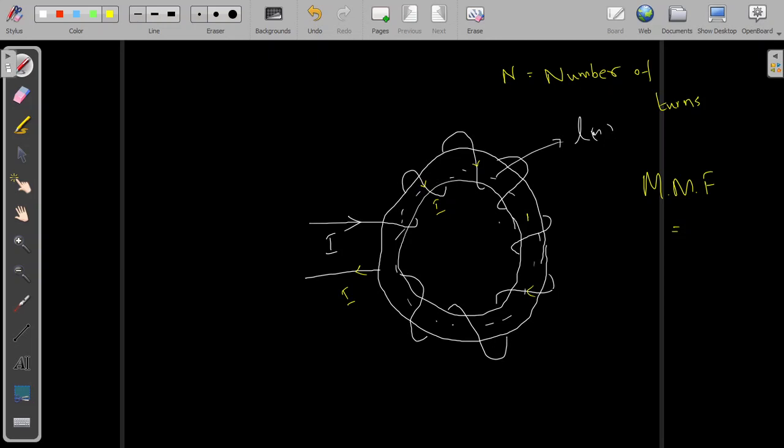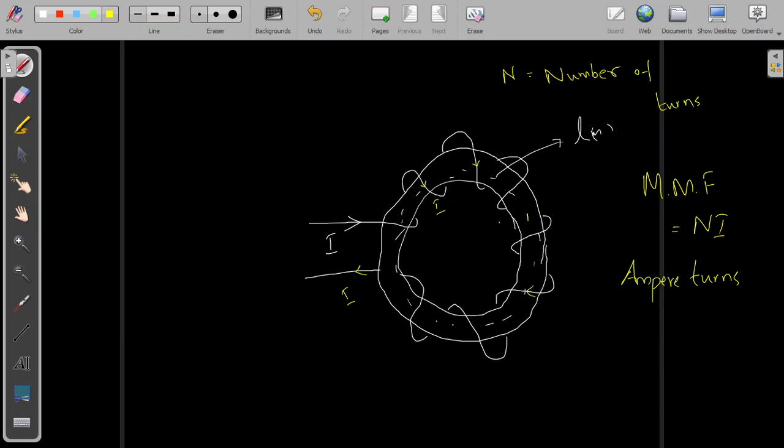So magnetomotive force is defined as the total current linked with the coil of capital N number of turns. So it is equal to NI, and MMF is also known as ampere turns, AT. Its unit is ampere.